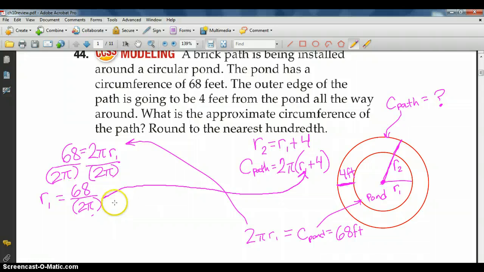So we have the circumference of the path is equal to 2 times pi times the radius of the path, where the radius of the path is radius 1, which we now know is 68 divided by 2 pi, and then plus 4.